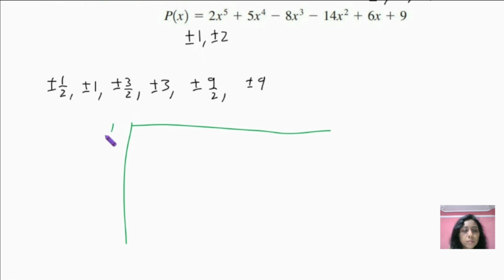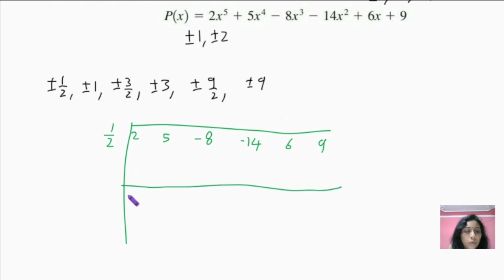Here we will use the synthetic division method, and we write the coefficients. The x to the power 5 coefficient is 2, then 5, then minus 8, then minus 14, then 6, and then 9. Okay.